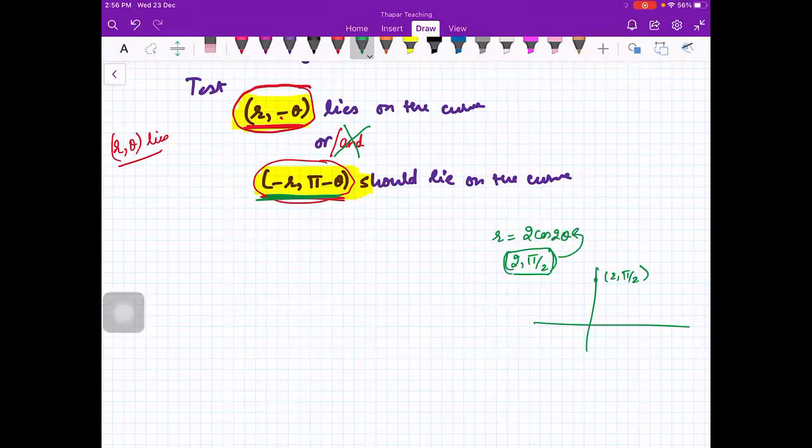But another name for this point is minus 2 comma minus pi by 2. This lies on the curve. So what I am saying is, if you are given a point in polar coordinates and asked whether this point lies on the curve or not, in Cartesian coordinates we just put that point in the curve and see whether it satisfies the curve or not. In polar coordinates you have to check the other names for that point too.